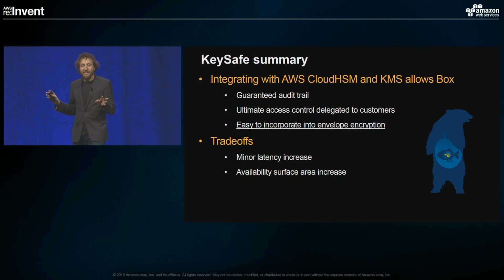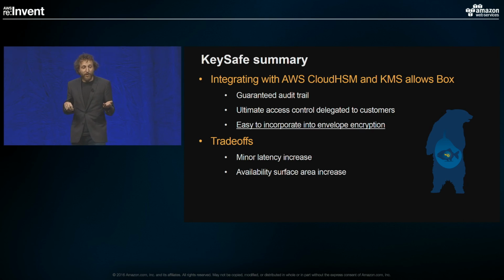Okay, let me summarize KeySafe for you. By integrating with AWS, Cloud HSM, and KMS, this has allowed Box to give the customer a guaranteed audit trail, the ultimate access control, and it was easy to incorporate into envelope encryption. At Box, we don't cache data keys, and we have third-party auditors that come and audit our code to verify this, to give the customer the reassurance.